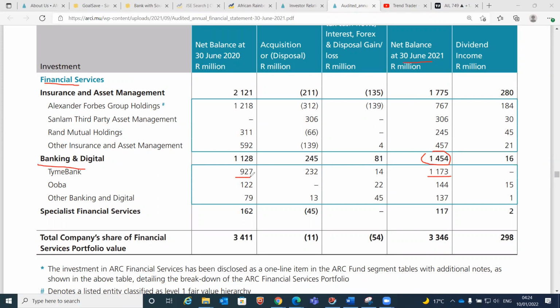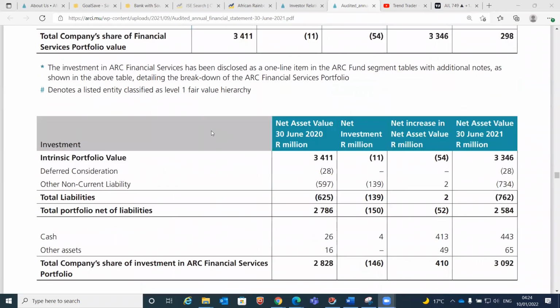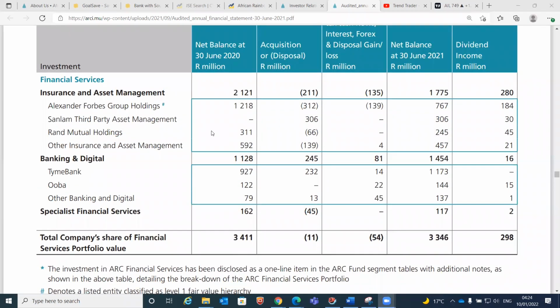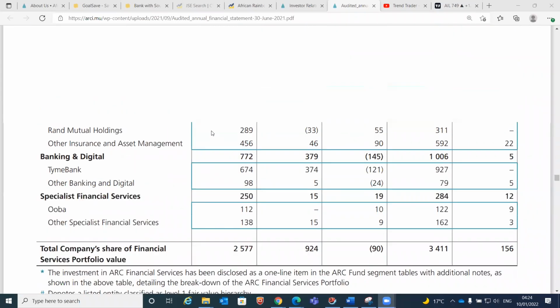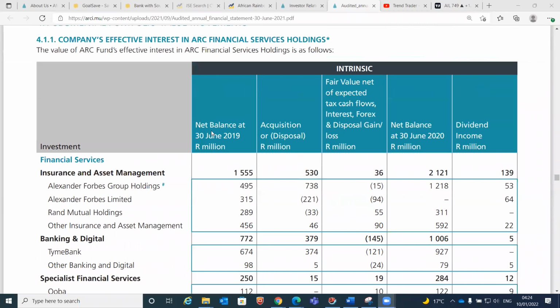This means that they have increased their capital allocation to TymeBank, as we saw that there was a rights offer and a cash injection there. That happened. So it's good to see that the fund is interested in growing TymeBank, meaning the people that love TymeBank are still going to have a good business that they love so much, right?